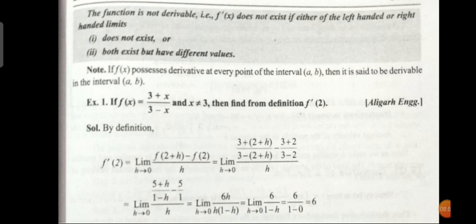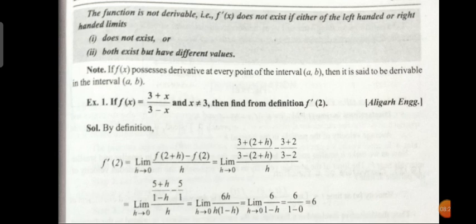f of x is 3 plus x by 3 minus x, and x not equal to 0. We have to find f dash of 2. f dash of 2 is the limit as h tends to 0 of f of 2 plus h minus f of 2 by h. You have to put 2 plus h replaced for x.